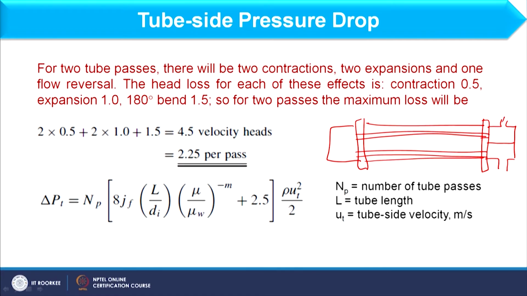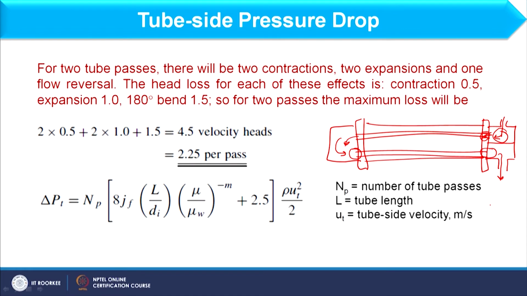When fluid is entering into this, it comes across sudden contraction, because here the area is more and here the area is less. Here we have sudden expansion, and after that we have complete reversal of the flow, and again I have sudden contraction here and sudden expansion here, and from this nozzle the fluid exits.